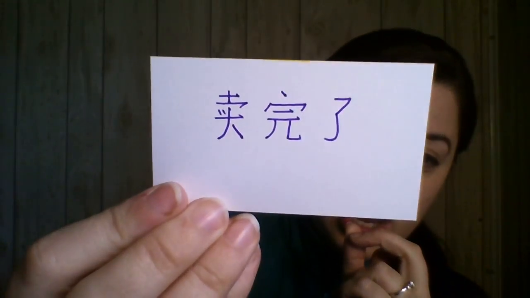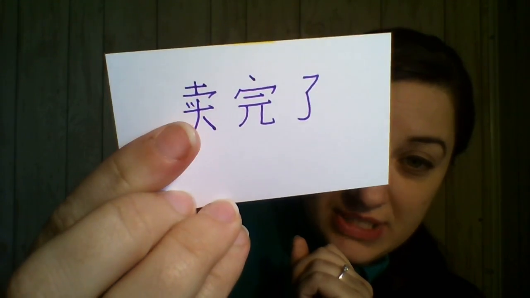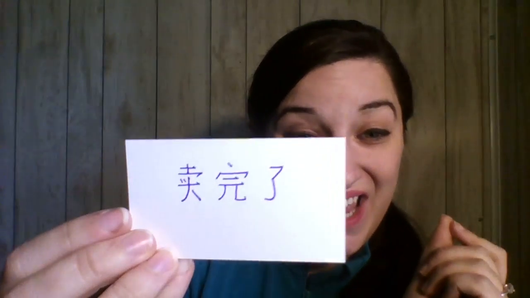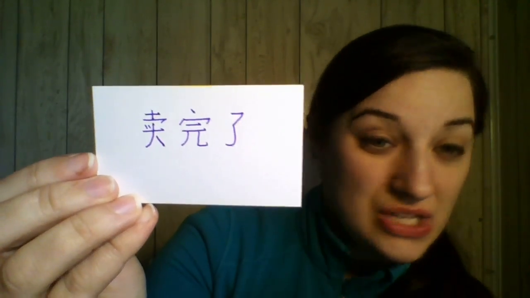One way we can add context to our vocabulary words is to learn them in chunks or groups of words that you will often hear together. So, for example, this is one of my Chinese vocabulary words, and one of the words on here is to sell. Now, instead of just putting the word to sell, I have the entire phrase that something is sold out. 买完了. If something is 买完了, it's sold out.